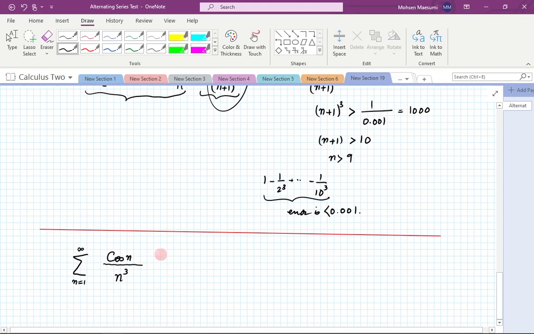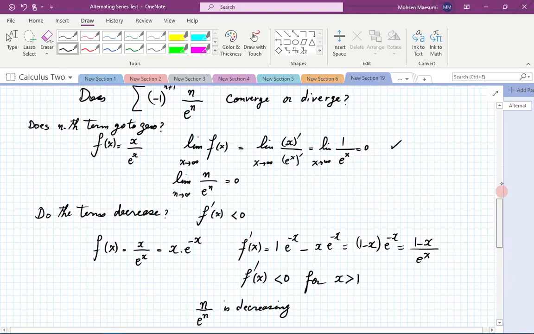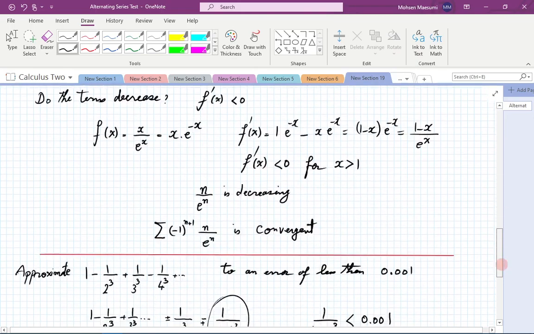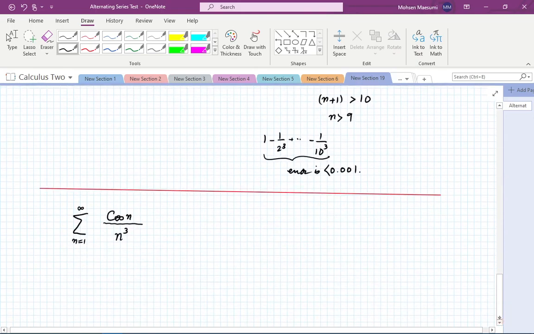Like if you pick cosine of 1,000 or something, you have to think about it a little bit. Is it going to be positive or negative? So when you write this thing out, pluses and minuses show up, but not in a style that we see here. Here is a very easy, predictable style of plus and minuses. This one isn't. So this is not alternating.